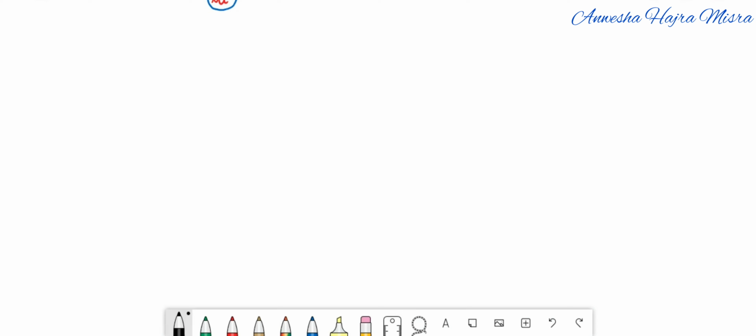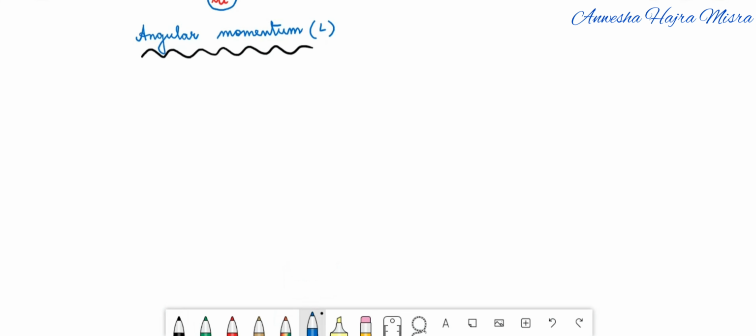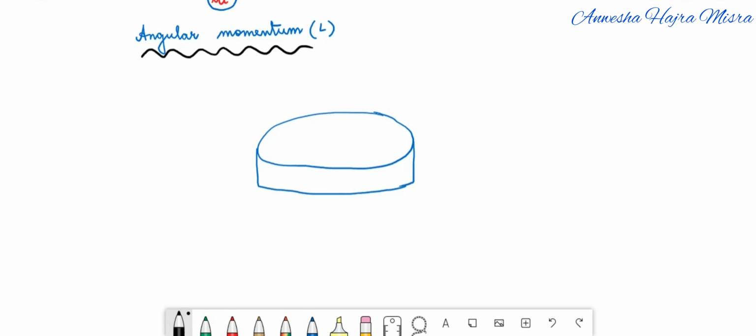Another term which we will be needing very often is angular momentum, capital L. The same body, if you consider, is rotating about this axis.